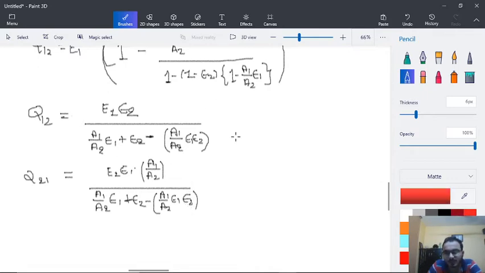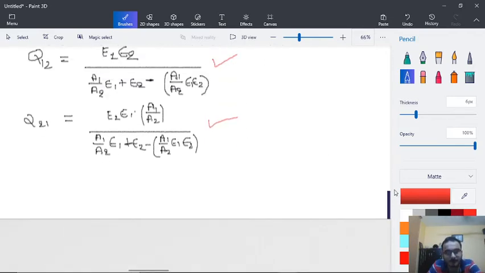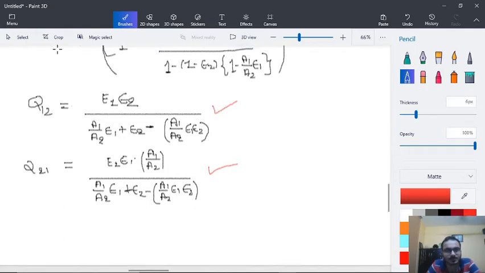So let me tell you that these two equations are directly written. Now we can copy this.